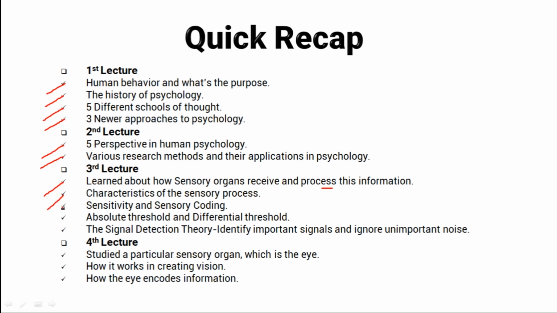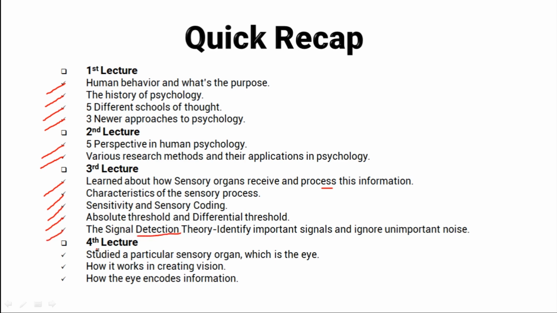We also talked about 2 factors called sensitivity and sensory coding. We also discussed 2 fundamental parameters of sensitivity, which are the absolute threshold and the differential threshold. Additionally, we looked at how errors are detected in these sensory systems by utilizing signal detection theory.